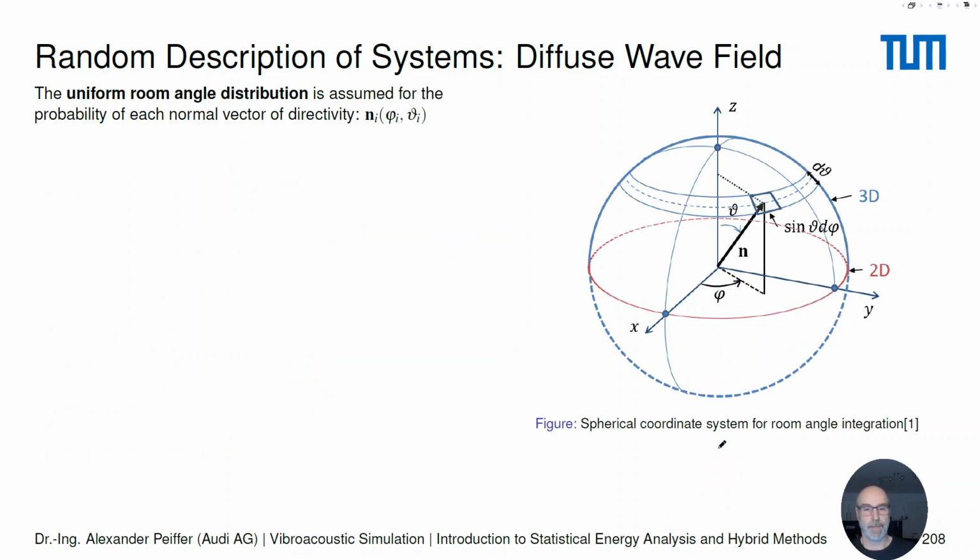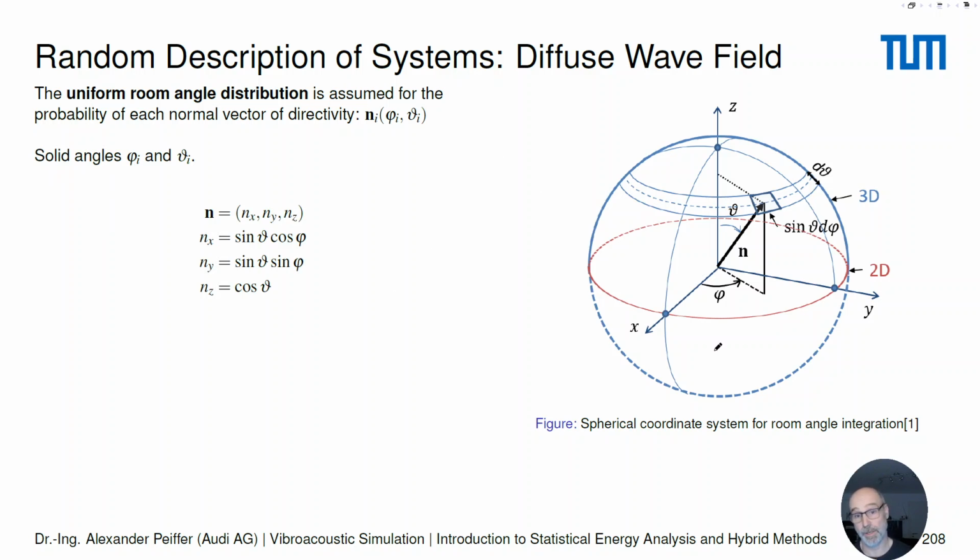Okay, so as mentioned, we have to deal with different wave numbers from different directions, and for doing so we use a uniform angle distribution, just given by a normal vector with a specific directivity, and this is described for the azimuthal angle here denoted by phi, and the polar angle denoted by theta.